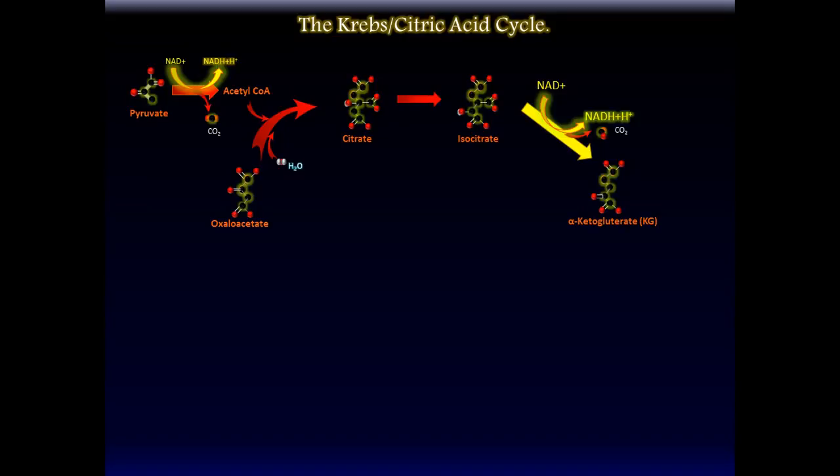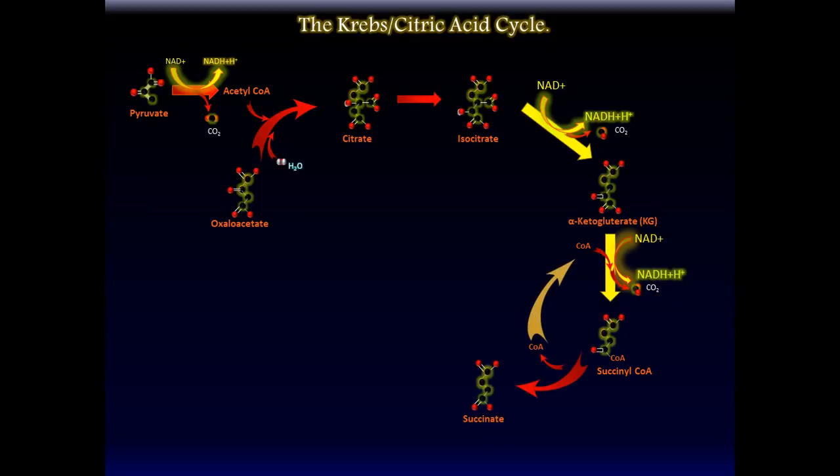Isocitrate then is converted to alpha-ketoglutarate, which is over here. This process generates a high energy, high electron carrier, NADH, and one CO2 is released. Alpha-ketoglutarate is then converted into succinyl-CoA. This process requires, again, a coenzyme, CoA, and another CO2 is released during this process.